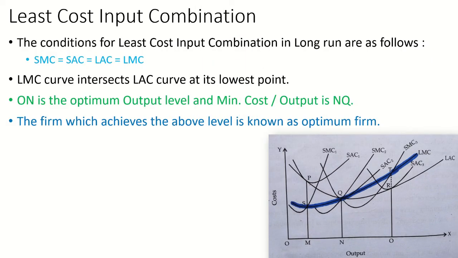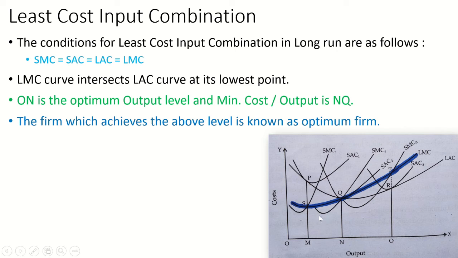Last session we also discussed the least cost input combinations, and we have seen the condition that all should be equal: SMC equal to SAC equal to LAC equal to LMC.